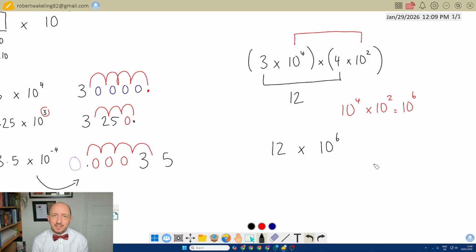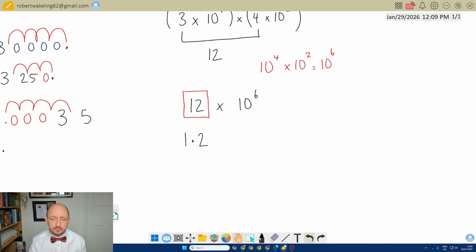Okay, we're nearly finished, but we've kind of broken the first rule here. That number has to be between 1 and 10. So 12 has to be changed into 1.2. Now, this is a bit confusing at first, but you can learn the pattern, or you might be able to just write this out fully and then confirm this to yourself.